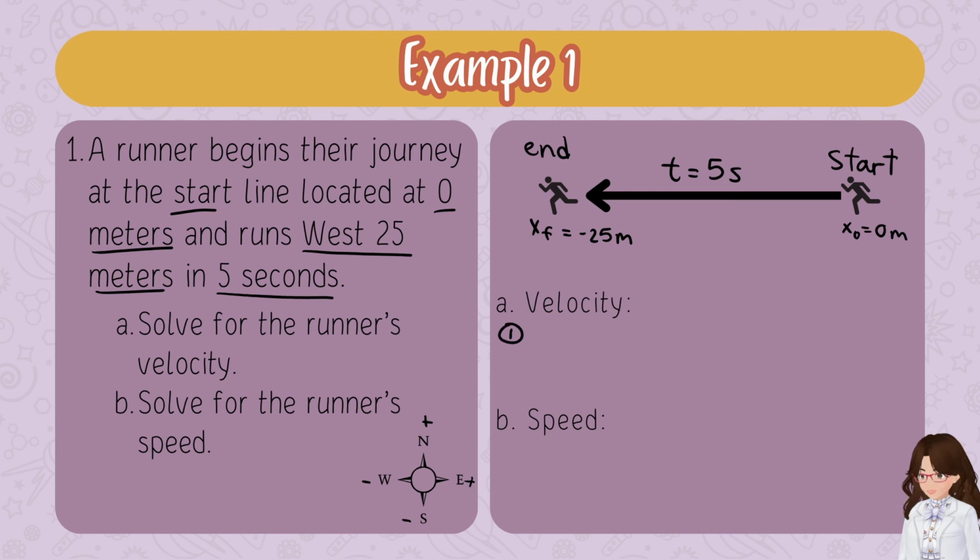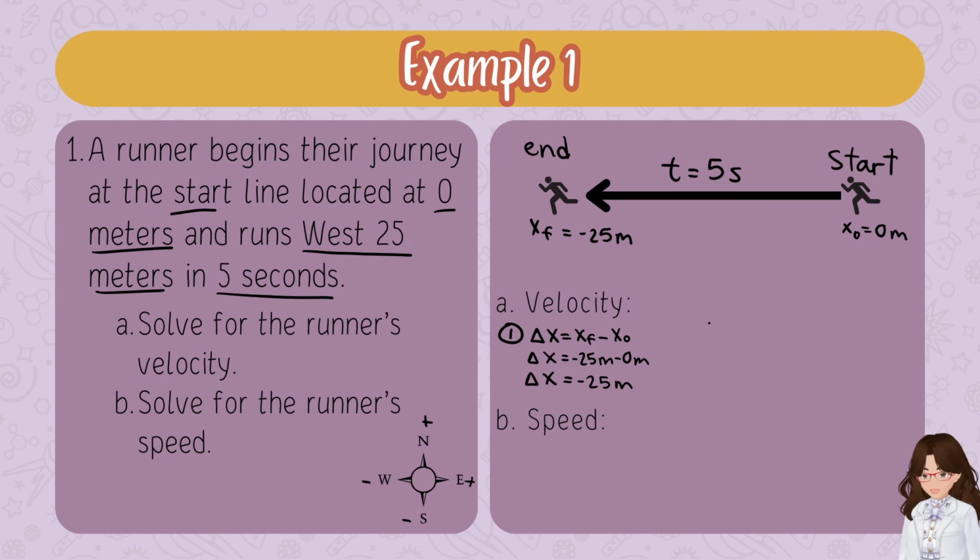So first step is going to be to solve for distance or displacement. In the case of velocity, we're going to solve for displacement, which is equal to our final position minus our initial position. In this case, it's going to be -25 meters minus 0 meters, and that will produce a displacement of -25 meters.